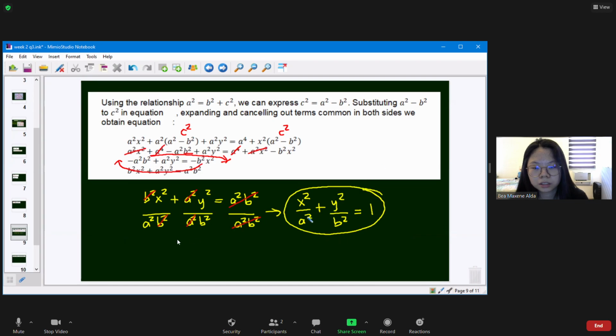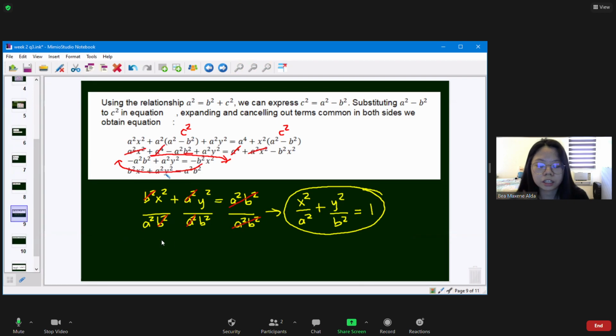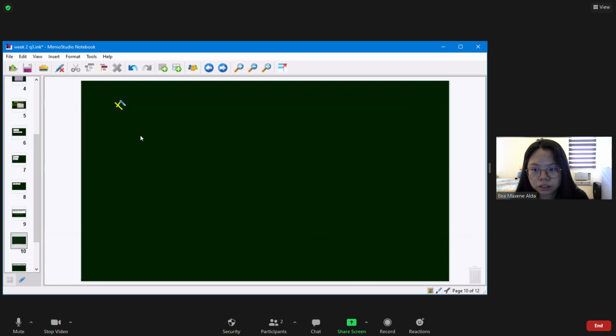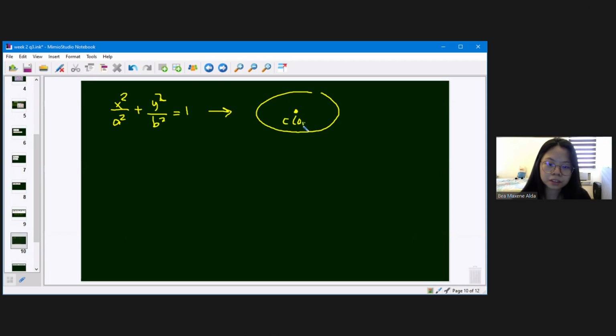Yan. So, obviously, nagpa-follow through lang to if our center is at 0, 0. So, I'll show you that. Ayan. It will only follow through if our center is at 0, 0. Now, obviously, we want to generalize that.